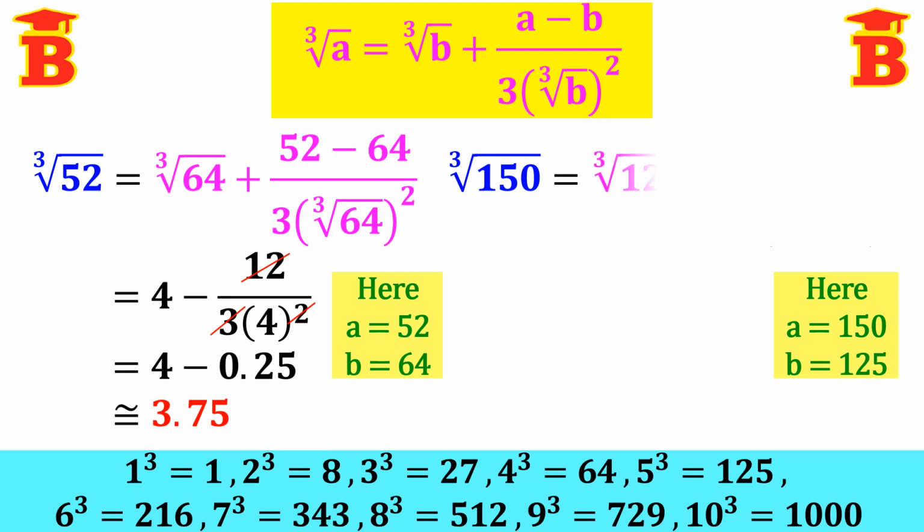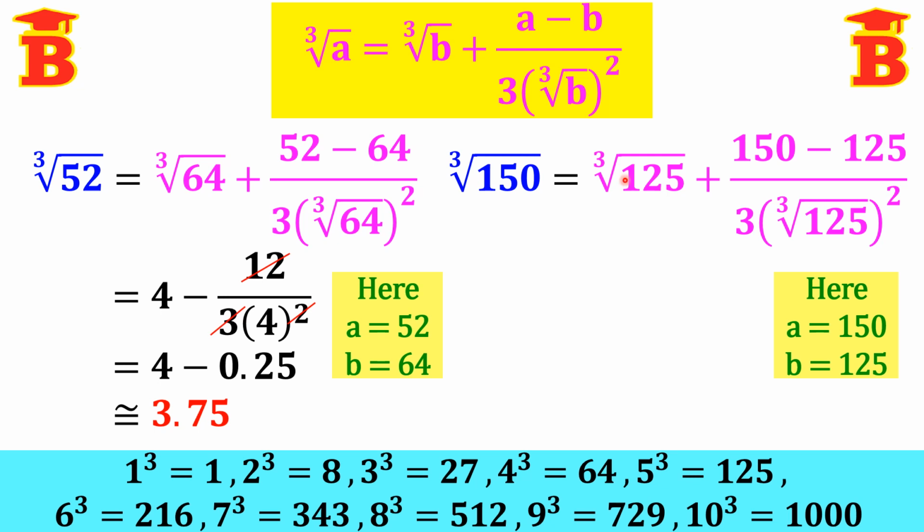And use the formula: cube root of B, 125, plus (A minus B, 150 minus 125) divided by 3 into (cube root of B, value 125) whole square.